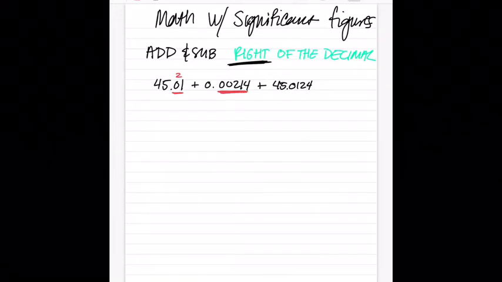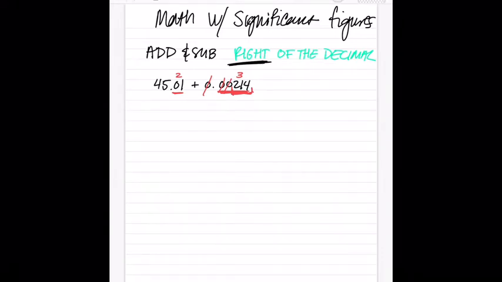Remember, these zeros are leading zeros, so they don't count. So this is 3 significant figures. This one here, this 0 is a sandwich 0, so it counts. Oh, we're only looking at what's to the right of the decimal, aren't we? So let me back up a little bit. So this one's still only 3 significant figures to the right of the decimal. Oh, that's the answer.